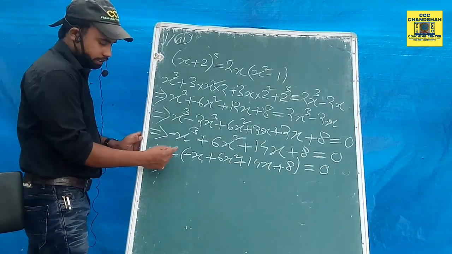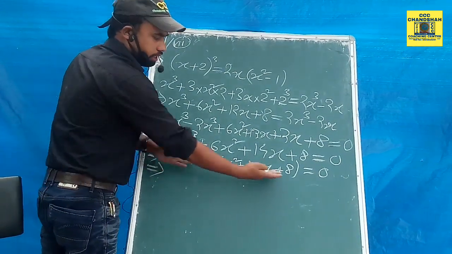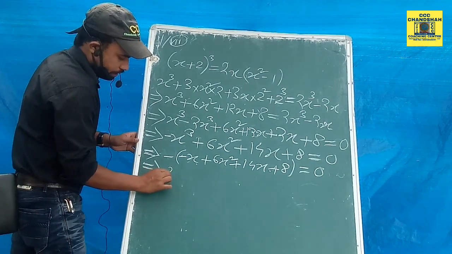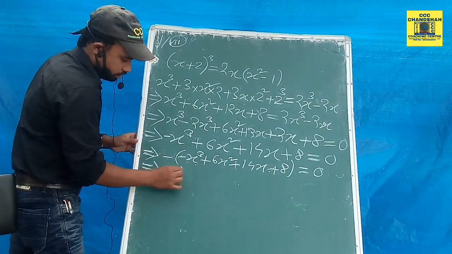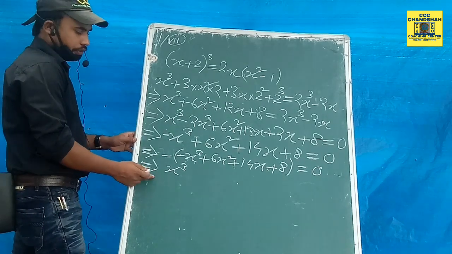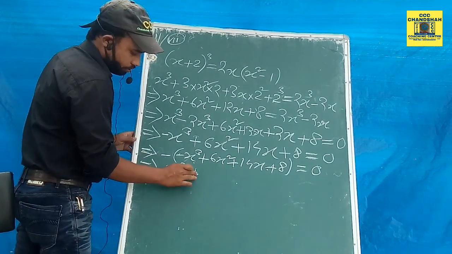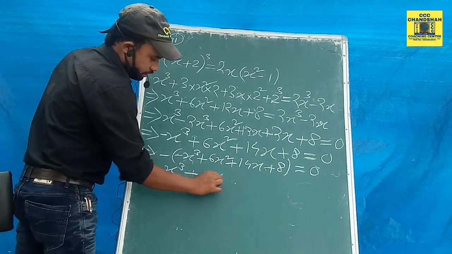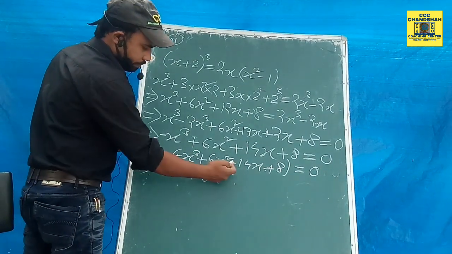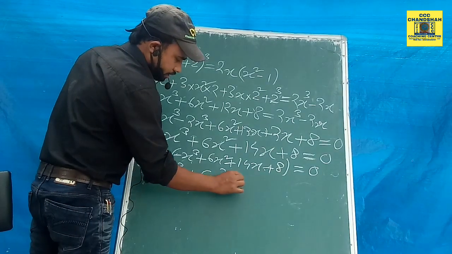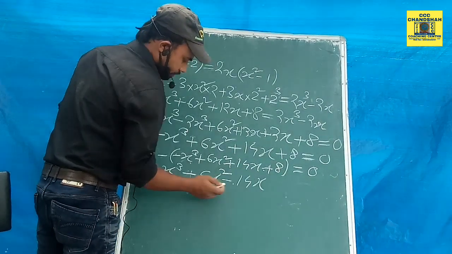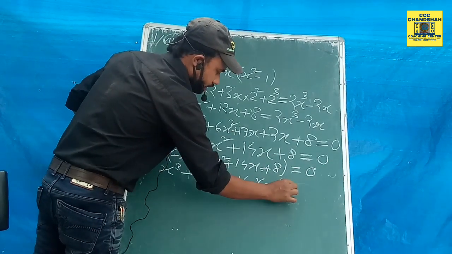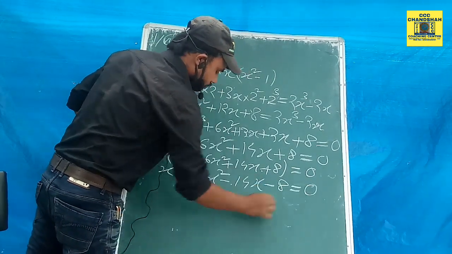And multiplying this minus with all other terms, we get minus and minus, it will be plus x cube, minus and plus, it will be minus 6x square, minus and plus, it will be minus 14x, minus and plus, it will be minus 8 is equal to 0.